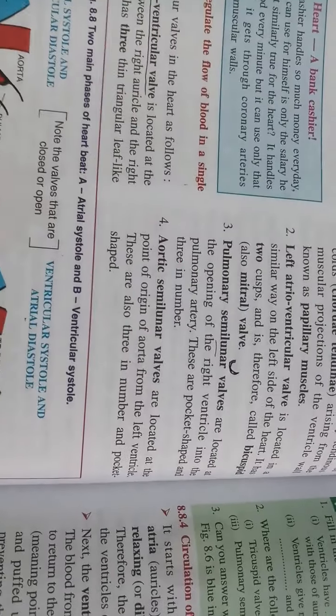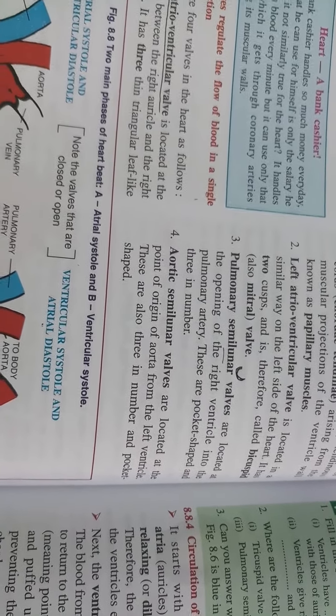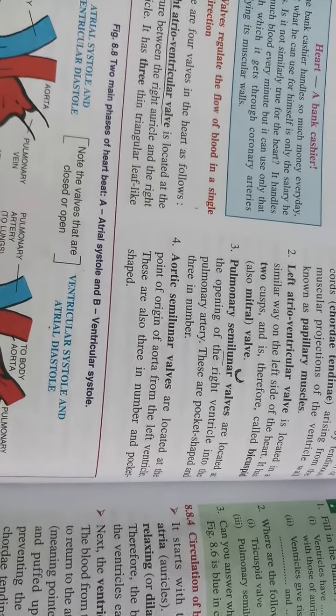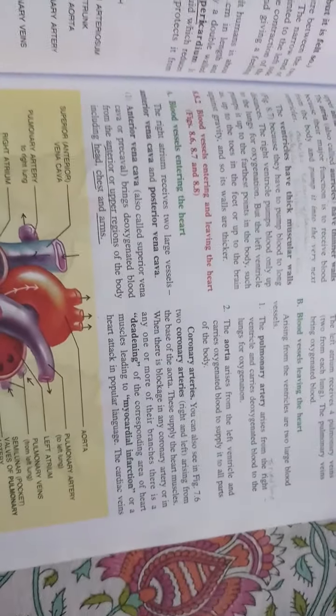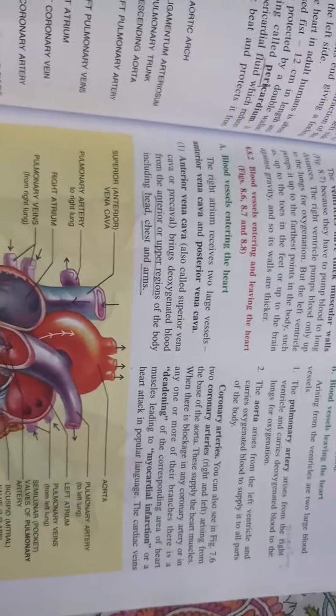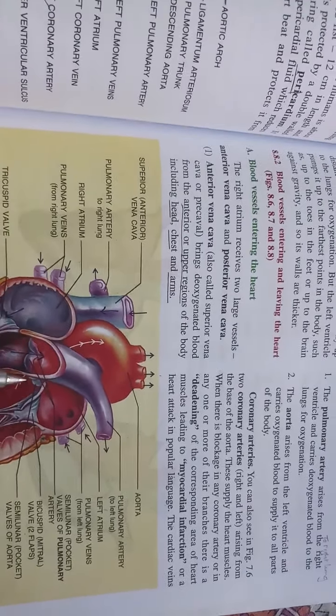Same way, you can find aortic semilunar valves located at the point of origin of the aorta. Take a look at the previous diagram. Where the aorta arises, you can find the valves of the aorta here.